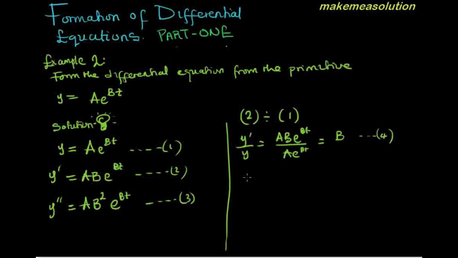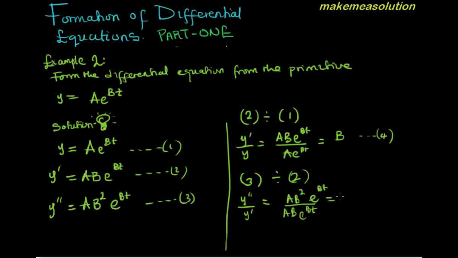So I'm going to divide equation 3 by 2. Next step, we are going to get y prime prime divided by y prime is equal to ab squared exponential bt by ab exponential bt.